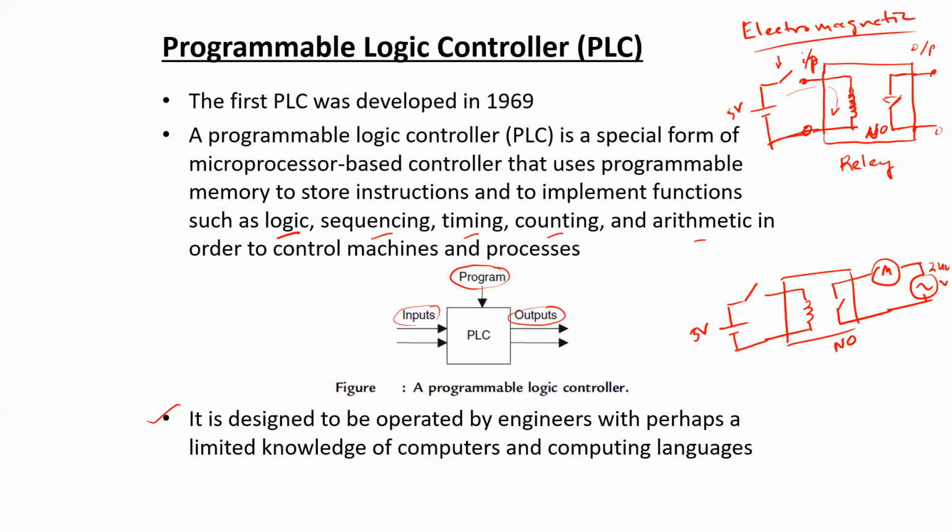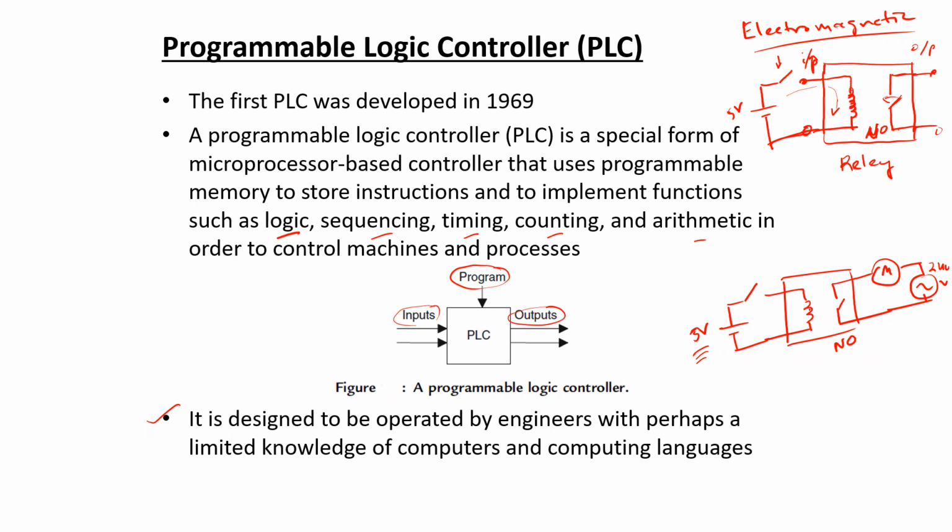So directly closing or opening a particular contact or switch sometimes may impose danger for the operator. So using relays, some isolation can be provided between the input side and the output side. So at the input side, using a very small voltage level of 5 volts DC, the operator can operate the switch with minimal danger.